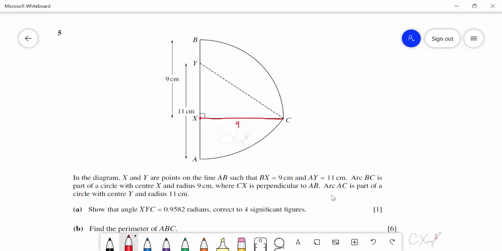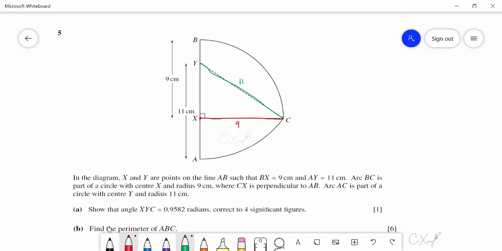The arc AC is part of a circle with center Y and radius 11. Therefore, AY is 11, and at the same time CY is also 11.